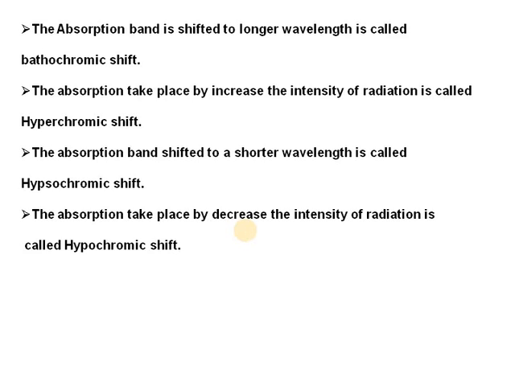Now we will see some examples for these shifts. Firstly, nitrobenzene shows a hypsochromic shift. What is meant by a hypsochromic shift? The absorption band shifts to a shorter wavelength.